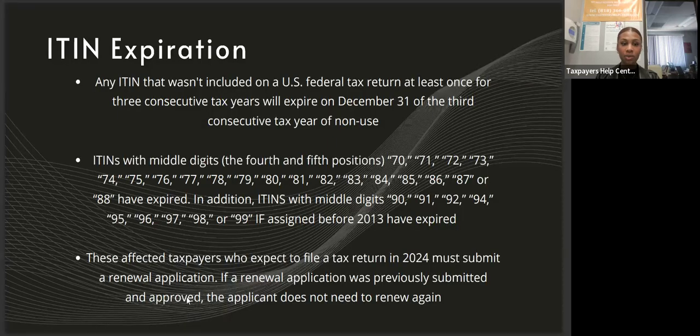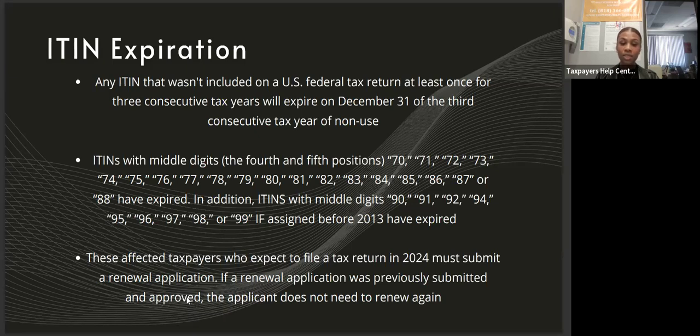ITIN expirations. Any ITIN that wasn't included on a U.S. federal tax return at least once for 3 consecutive tax years will expire on December 31st of the 3rd consecutive tax year of non-use. ITINs with middle digits 70 to 88 have expired.